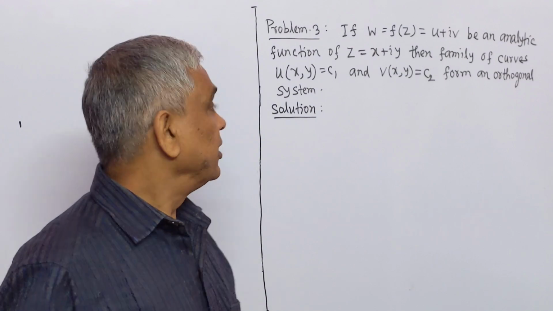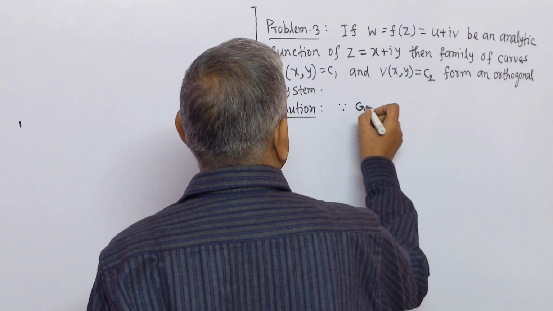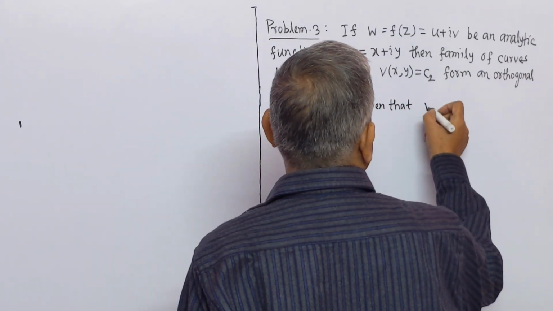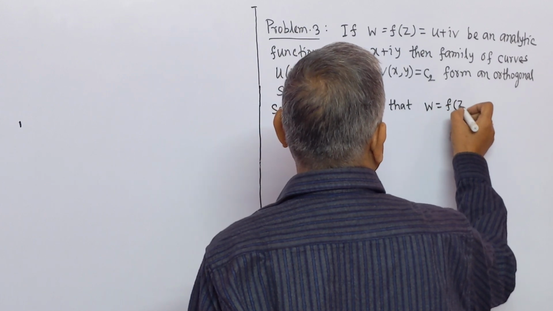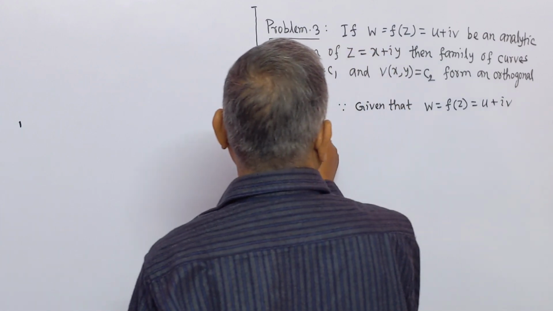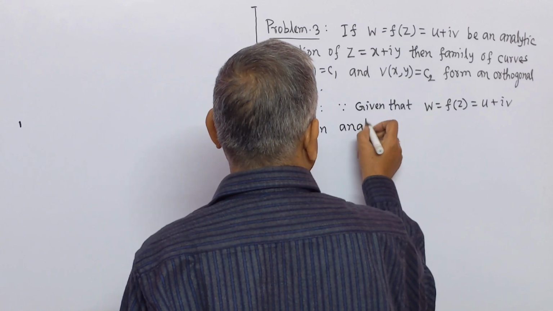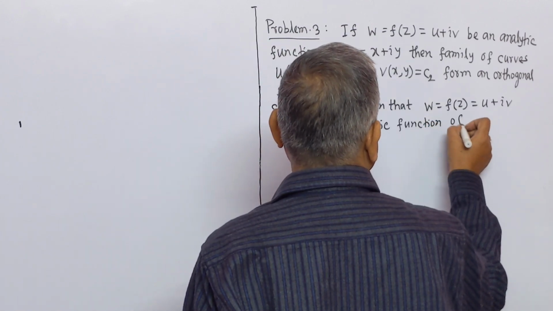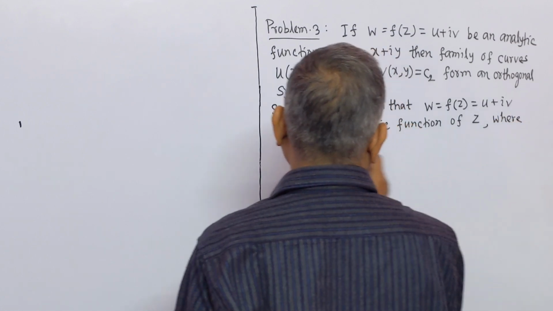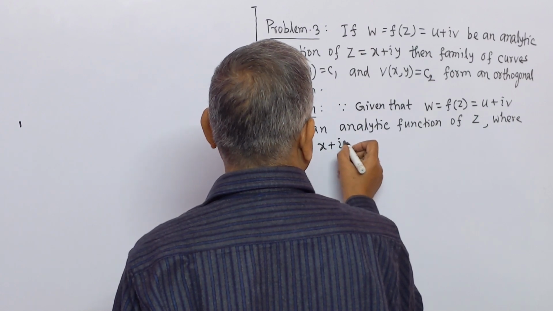Now we prove this. Given that w equal to f(z) equal to u plus iv is an analytic function of z, where z equal to x plus iy.